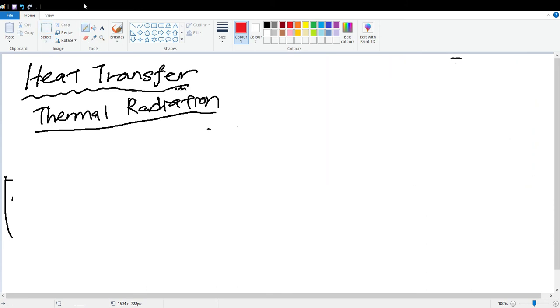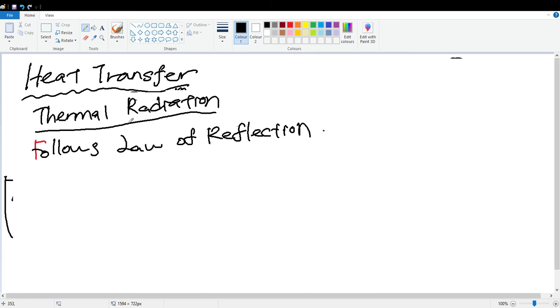Since the thermal radiation is in the form of electromagnetic wave, it follows the law of reflection. I repeat again: since the thermal radiation is in the form of wave, it will follow the law of reflection. In order to prove that, we conduct an experiment.